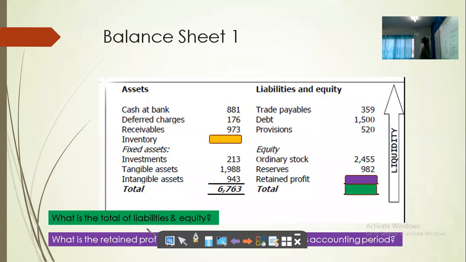What's the total in green there, people? Can anybody answer this? Do you have your calculators with you? Use your phone. What is the total of the liabilities and equity here, people?